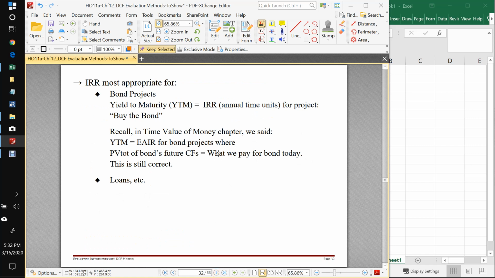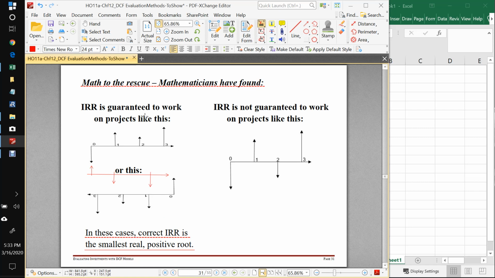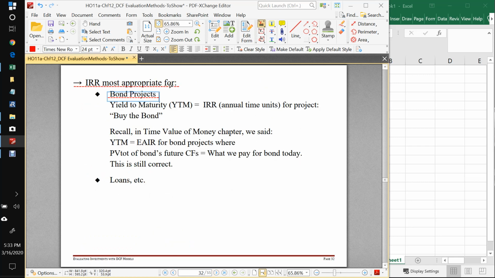So how does that help us? This means that the IRR, it's not good for some projects, but it's going to be very good for things like bond projects, right? Where we've seen exactly cash flow diagrams like this or like this if we're the borrower. So let's put in works for these.